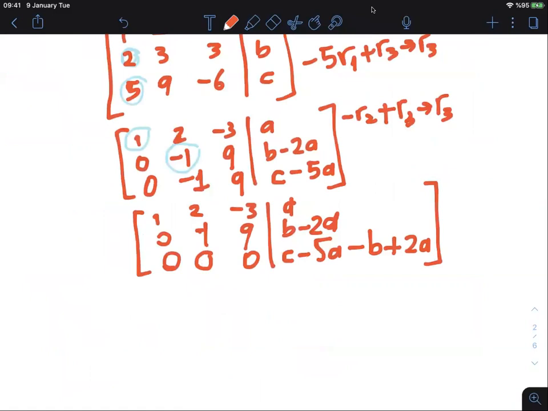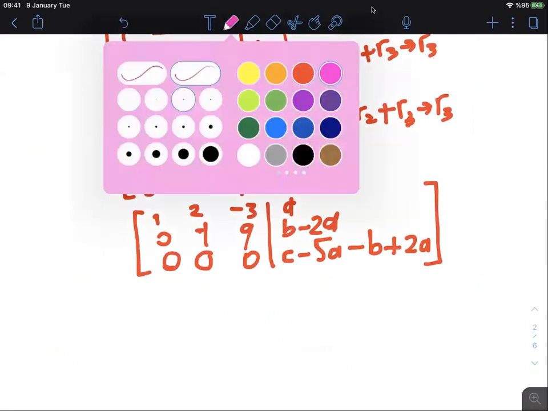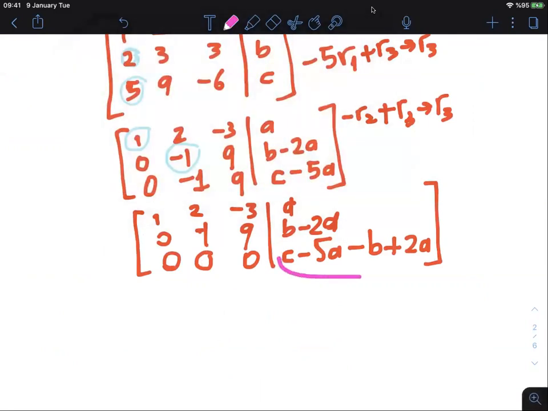So this system will be consistent if and only if this thing here is 0. So this must be 0. Right? So what is the condition then? This becomes C minus 3A plus B must be 0.